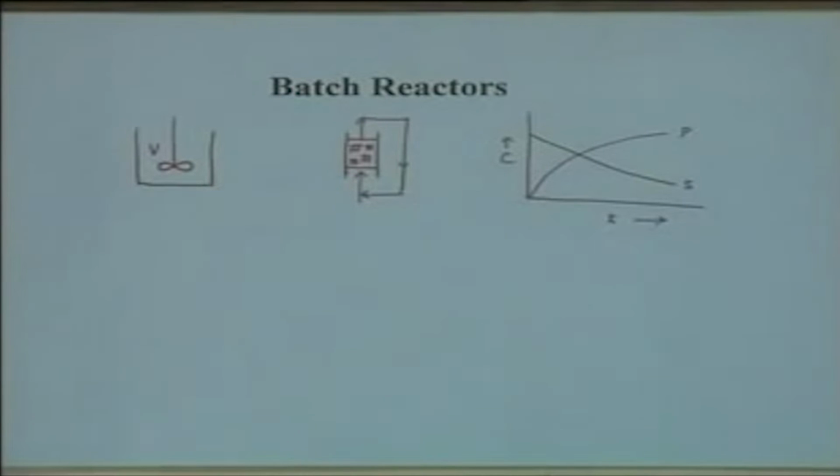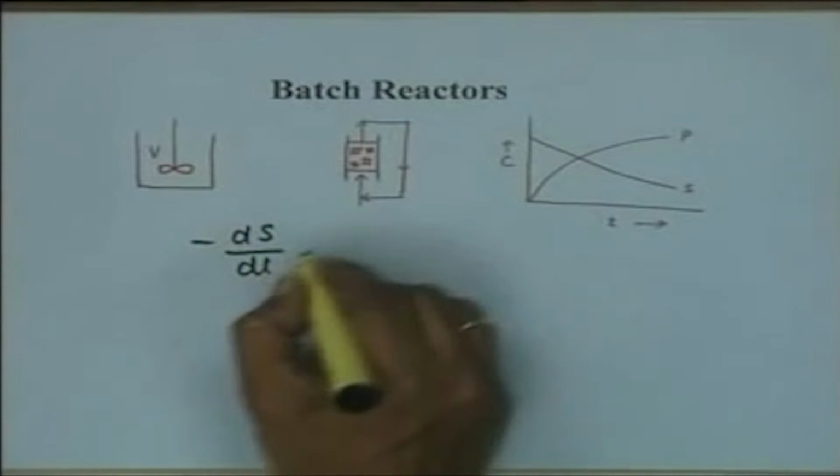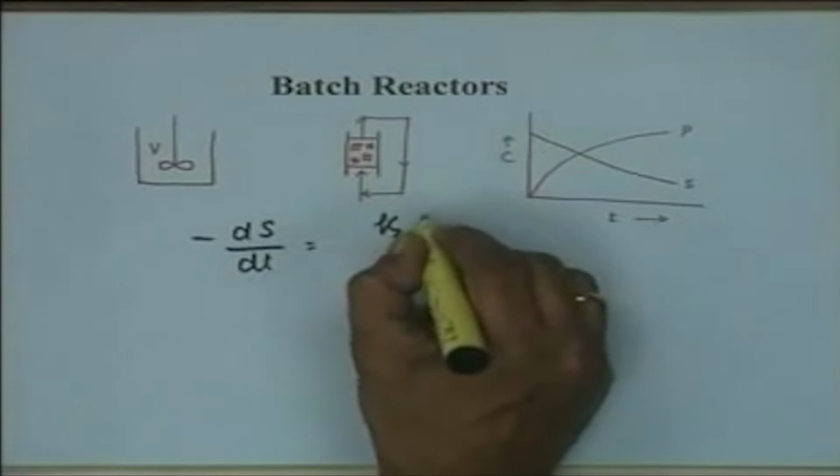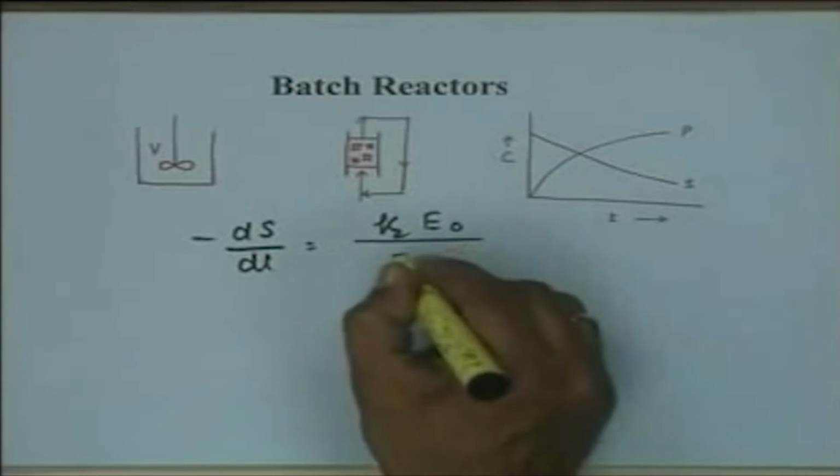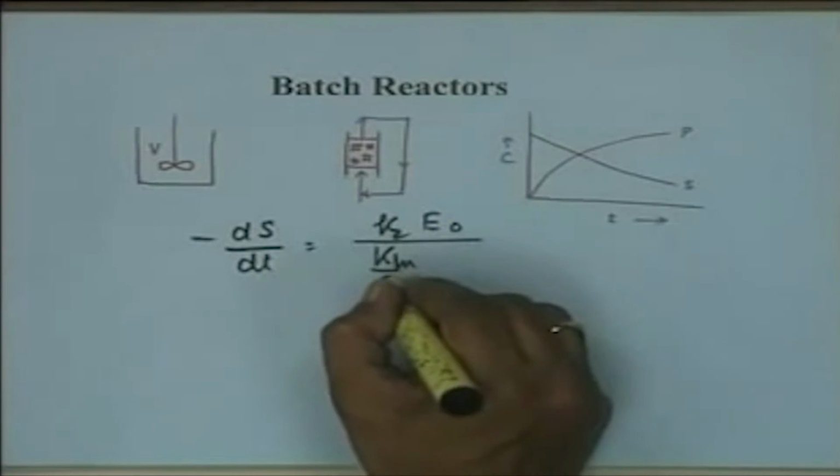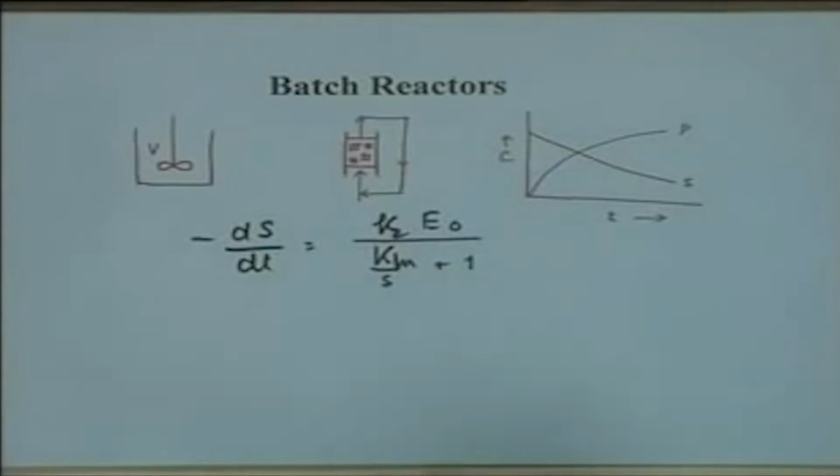When I say performance of reactor, I mean the extent of conversion as a function of residence space time, or in a batch reactor, the reaction time. In the case of a batch reactor, the reactor performance can be judged simply by the integrated form of the reaction equation, and that is minus dS over dt is given by K2 E naught upon Km over S plus 1, the typical Michaelis-Menten equation.